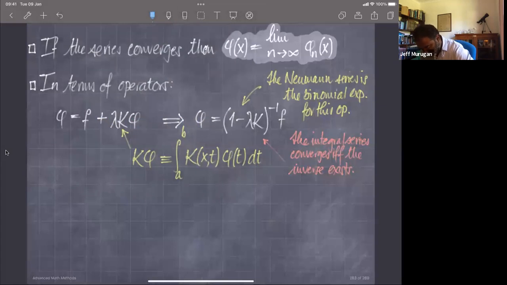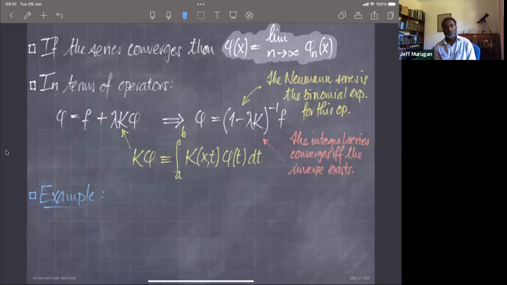So let's do an example that might help clarify how this works in practice. So I want to use the Neumann series here to solve the type 2 Fredholm equation given by the following.